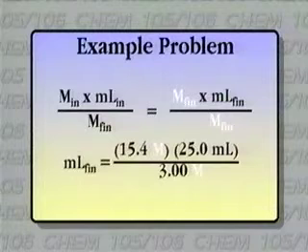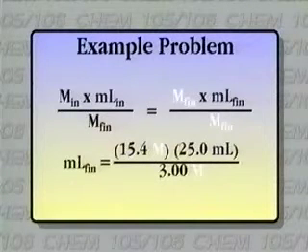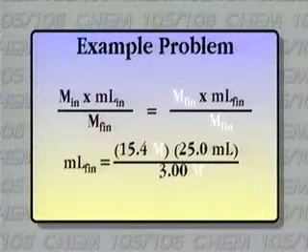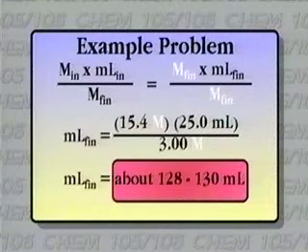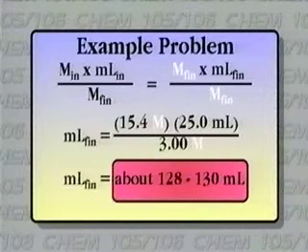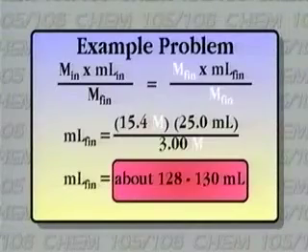We still are using unit analysis. We have milliliters on each side, and our final answer is going to be about 5 times this, so approximately 128 or 130 milliliters is what we could prepare of 3 molar solution.